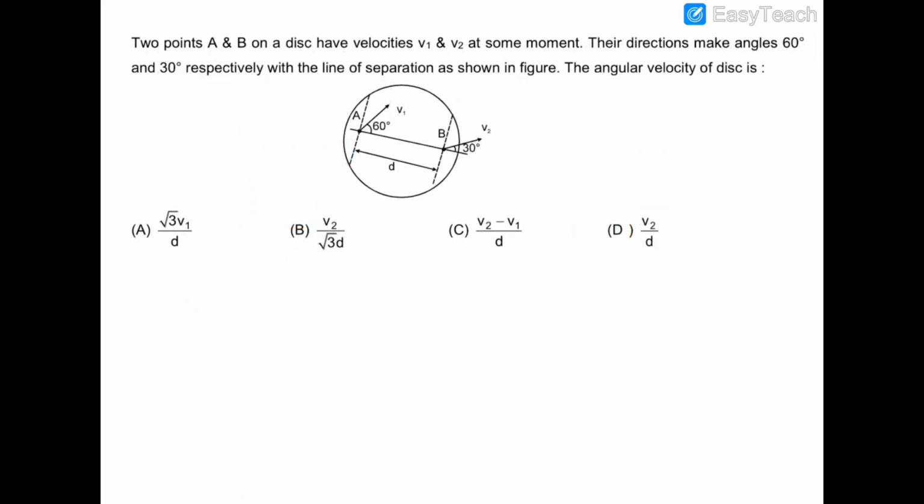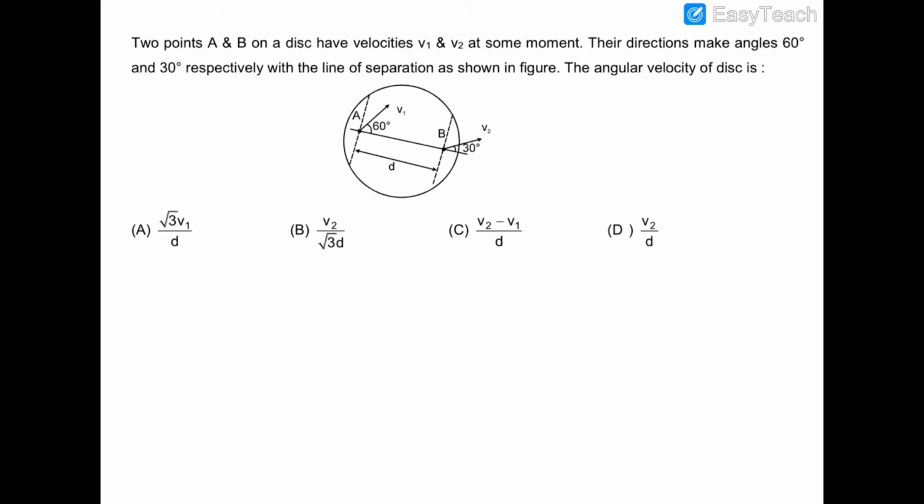In this question, there are 2 points A and B which are lying on a disk. The distance between A and B is D. The velocities of point A and point B are shown, and we have to find out the angular velocity of this disk.